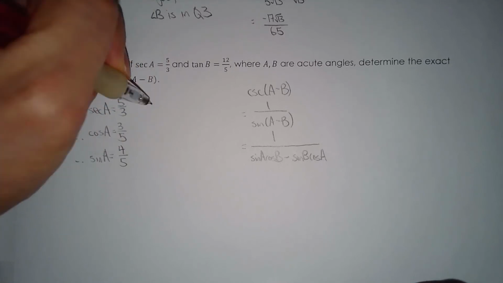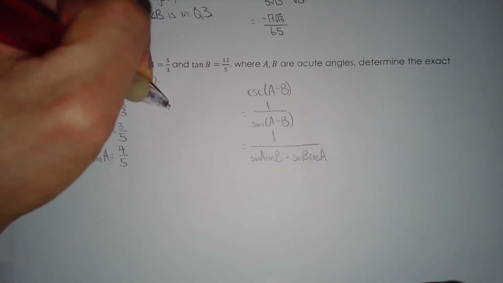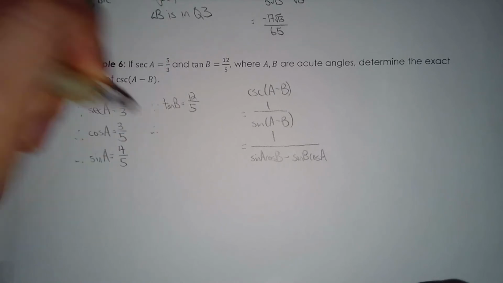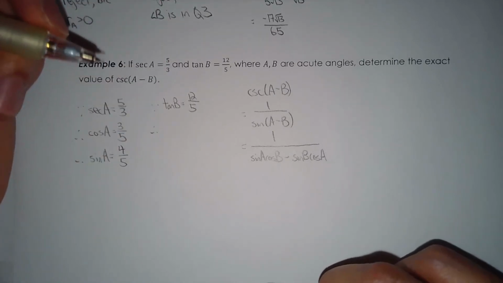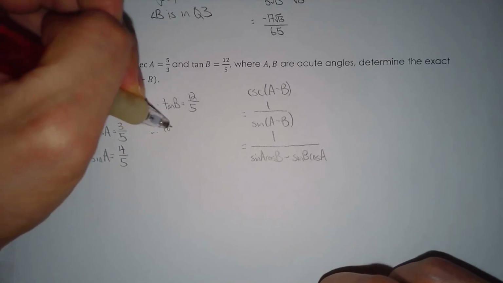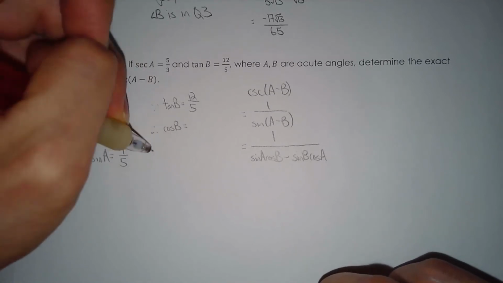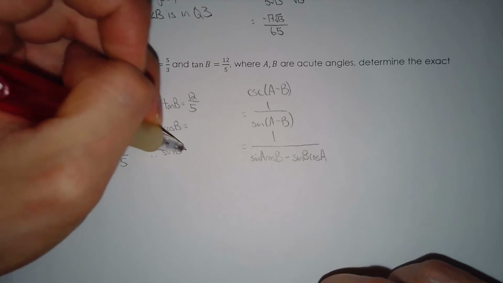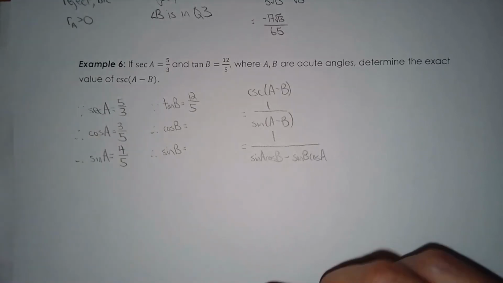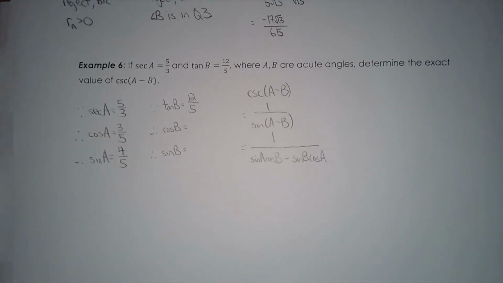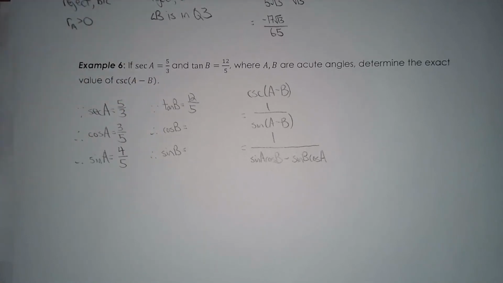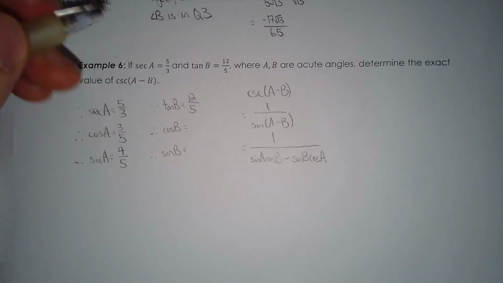Okay. So tan B is equal to 12 over 5. So what is cos B and sine B? Because I need those ratios to answer the question here. Well, I need to know this other Pythagorean triple. Now, if you don't know the Pythagorean triple, you have to do the work like I did earlier.